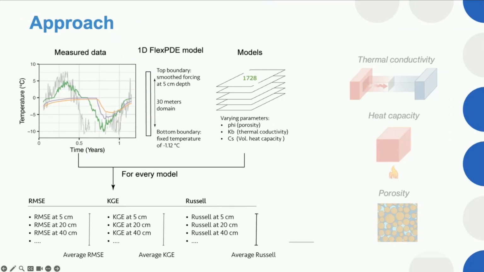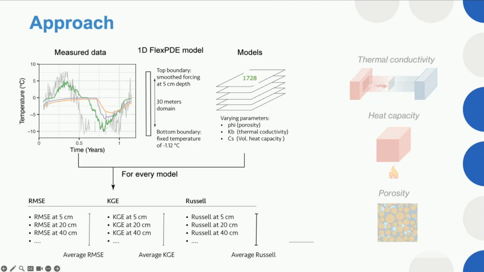Our approach is that we have our observations, and we create a 1D model which is about 30 meters deep. At the top, our boundary is the measured soil temperature at about 5 centimeters depth, and we have a specific temperature at the bottom.